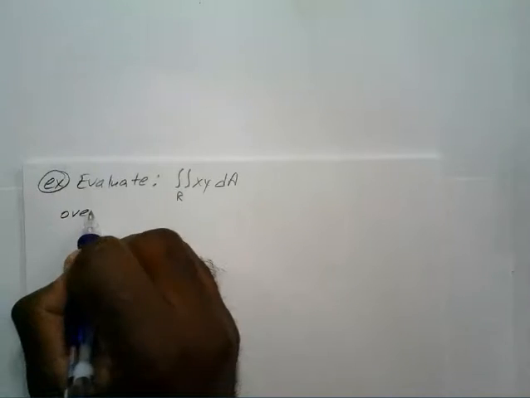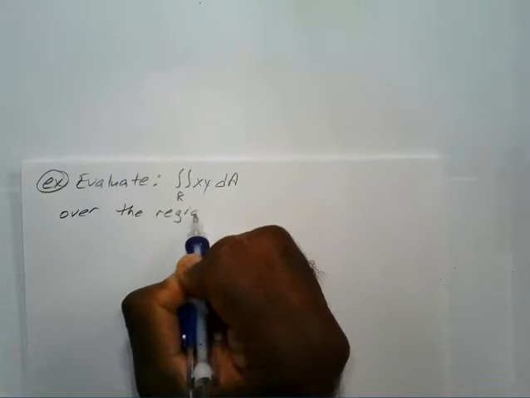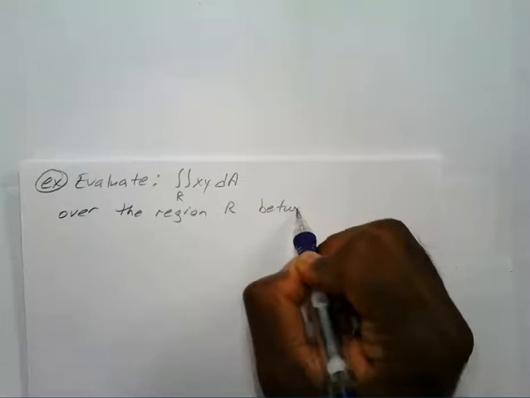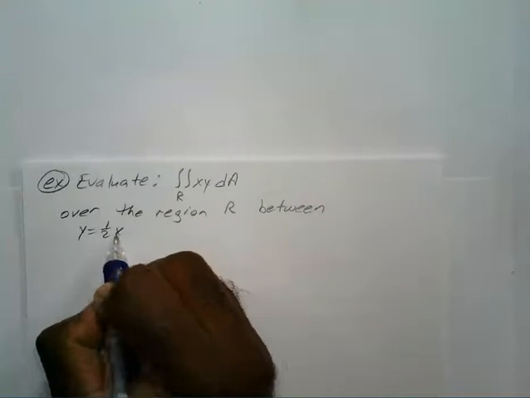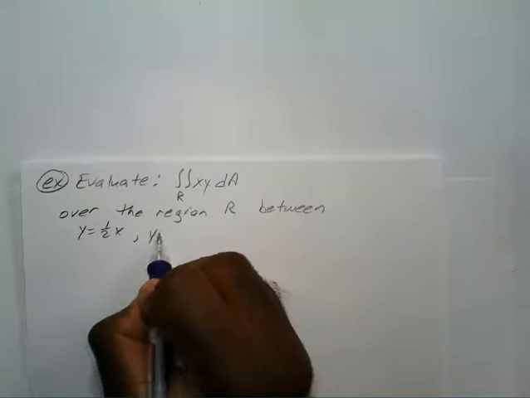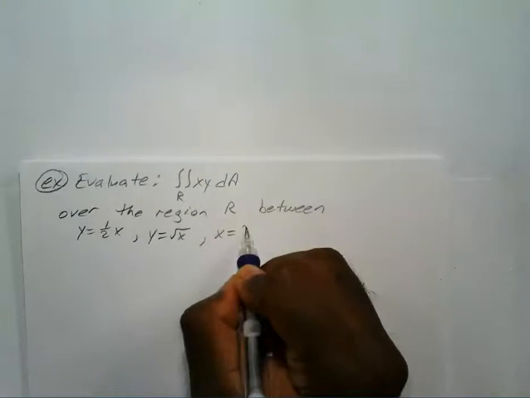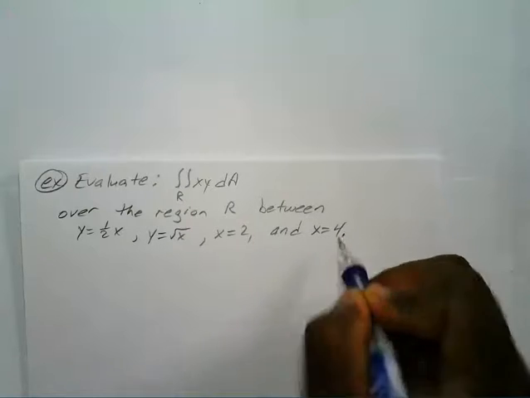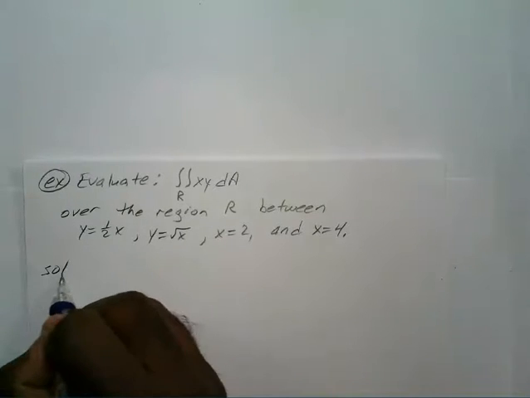So that's over the region R between, say, y is equal to 1/2 x. Let's say y is equal to square root of x. Say x equals 2 and x is equal to 4. Okay, so a little bit of a mixture of boundary points.